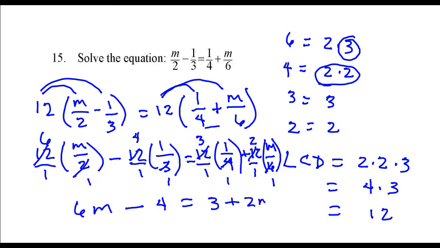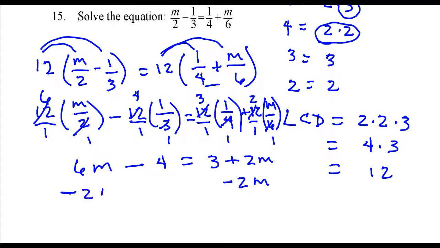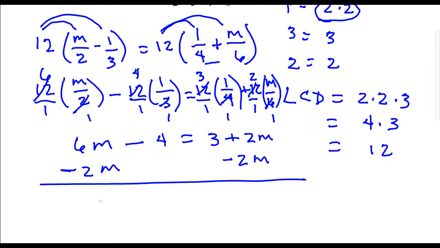That's a 2m. Now what we want to do is get the variable terms on one side and everything else on the other side. So what I'll do is go ahead and subtract 2m here from both sides, and then just rewrite this. 6m minus 2m, that's 4m.